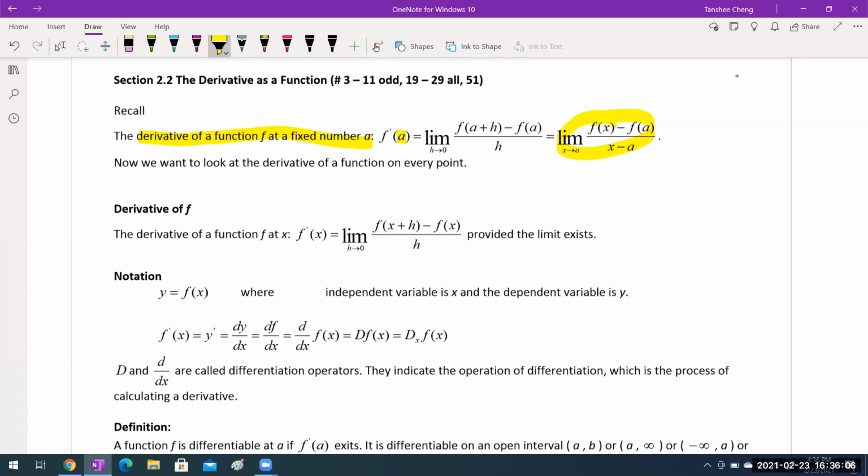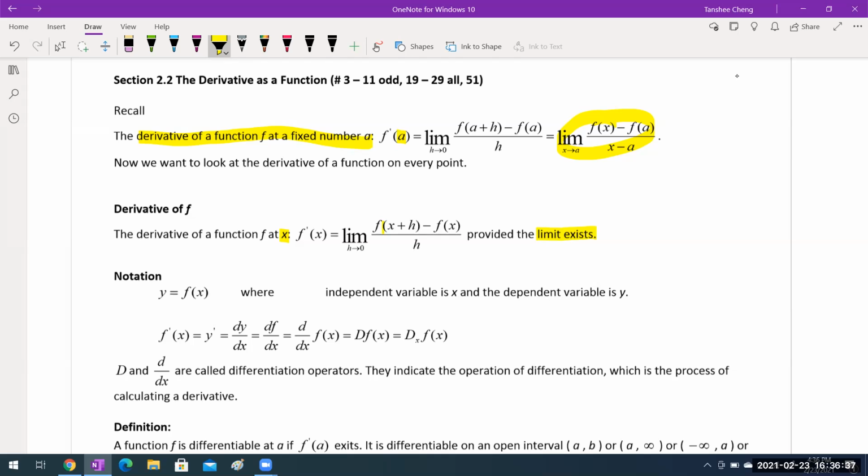So the derivative of a function at any point x, we will denote as f prime of x, that is equal to the limit as h approaches 0 of f of x plus h minus f of x over h. And the limit must exist.